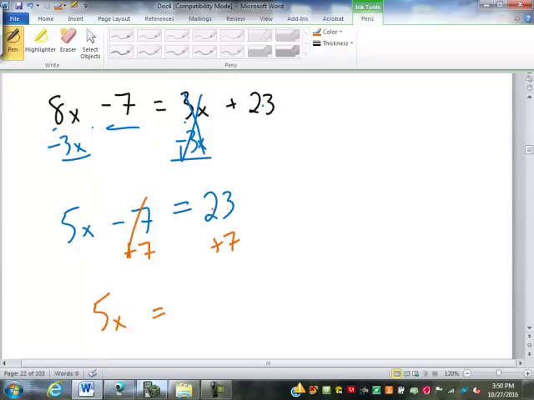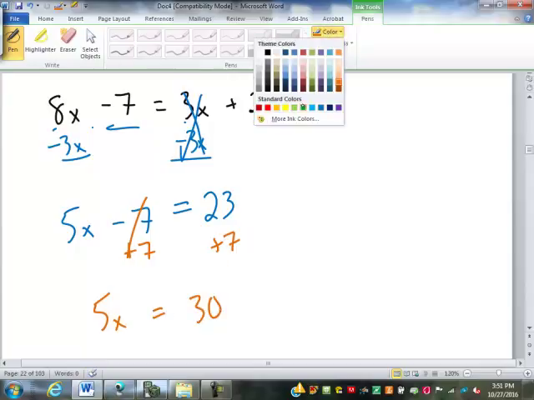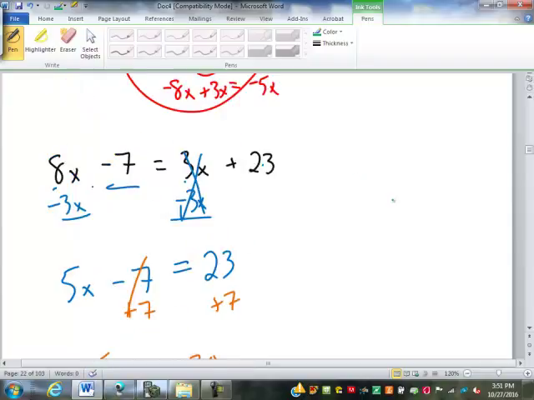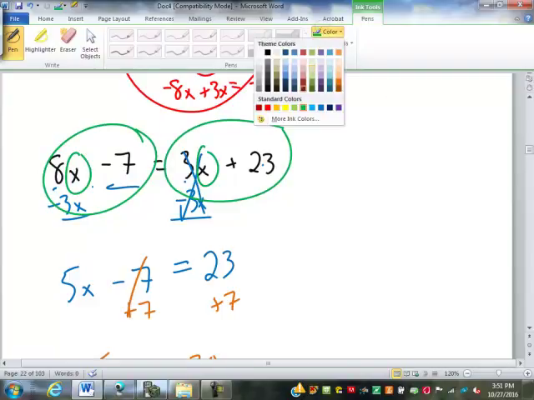Adding 7 on this side, 23 plus 7 is 30. Perfect. What's next? Divide by 5. Perfect. X equals 6. Good. And we could, if we were unsure, put 6 back in here for x and make sure we get the same value on each side. And we will. I'll let you guys do that if you want to.